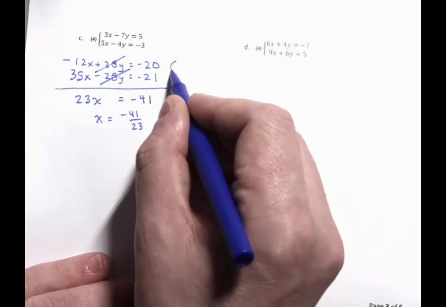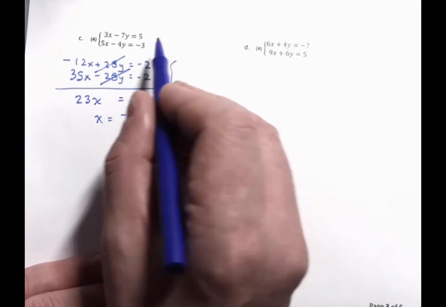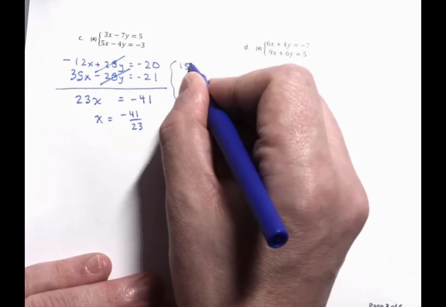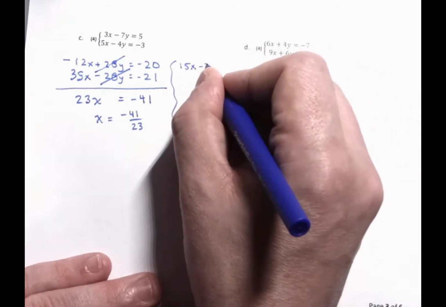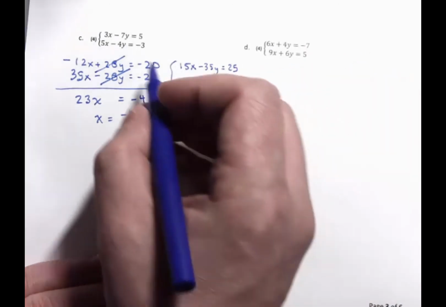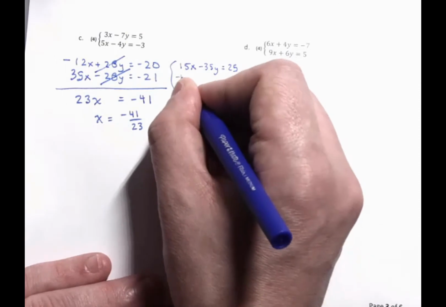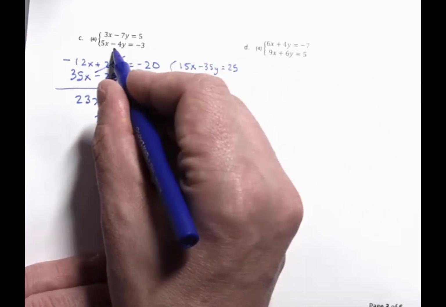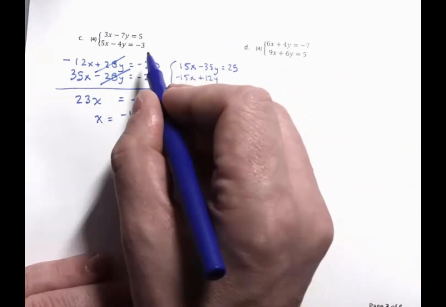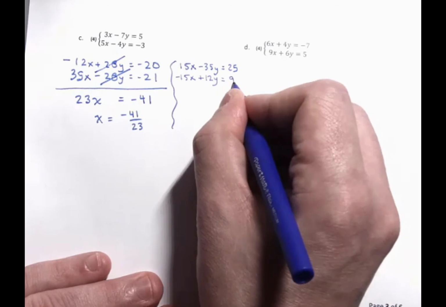On the other hand, I'm now going to do an elimination on the x variable. So I'll take the top equation and multiply by 5, 15x minus 35y equals 25, and on the bottom equation I'll multiply by negative 3. Negative 15x, negative 3 times negative 4 yields 12y, and then negative 3 times negative 3 yields 9.